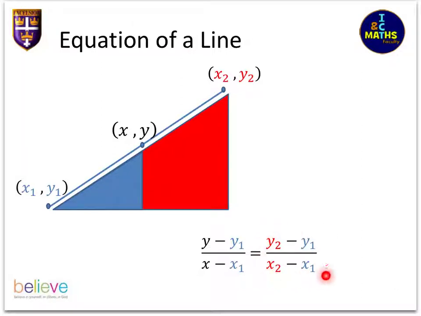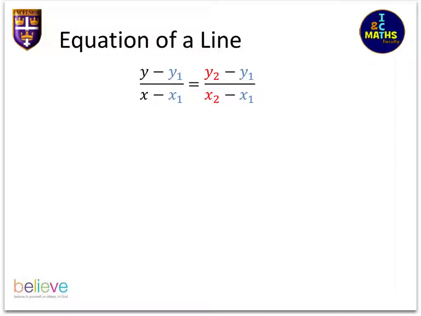This side of my equation is by looking at the height difference between the top and the bottom of the red triangle, and that's being divided by the comparison between where I end up horizontally and where I began horizontally for that one. And because they're similar triangles, I know that those relationships are accurate.